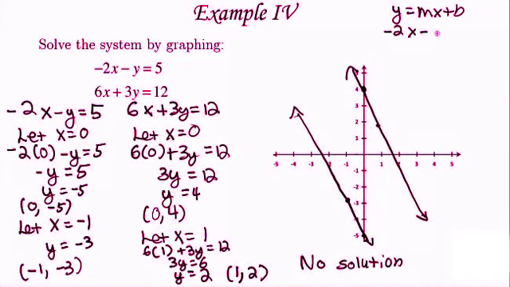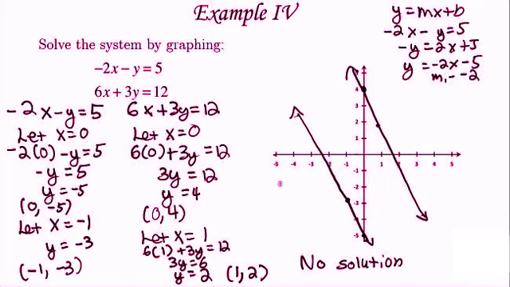So for the first one, negative 2x minus y equals 5, I need to move the 2x to the other side and multiply by negative 1, and I find that y equals minus 2x minus 5. So the slope of this first line is negative 2.